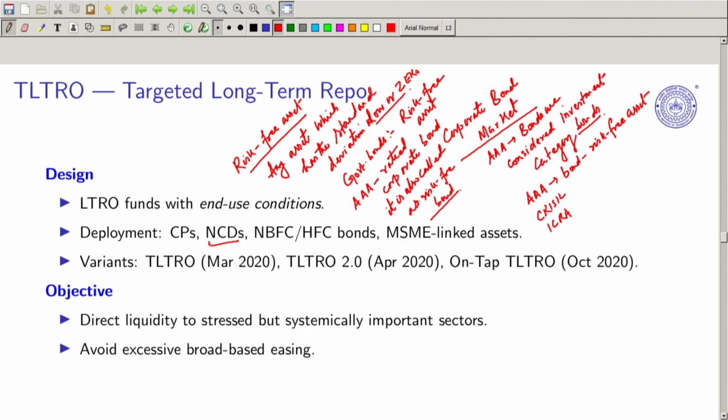But there are exceptions to this, because Lehman Brothers before its collapse also had a triple A rating, and we had in 2018 the NBFC crisis, mainly by IL&FS, Infrastructure Leasing and Financial Services.